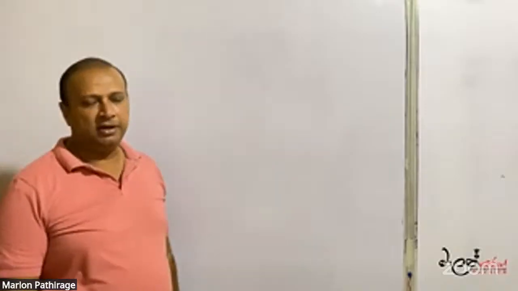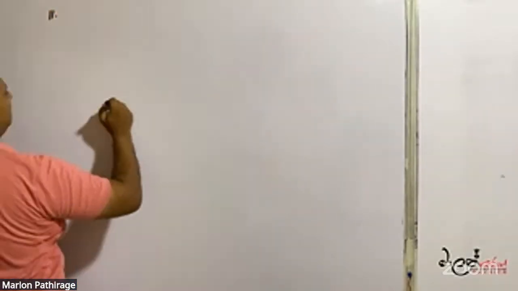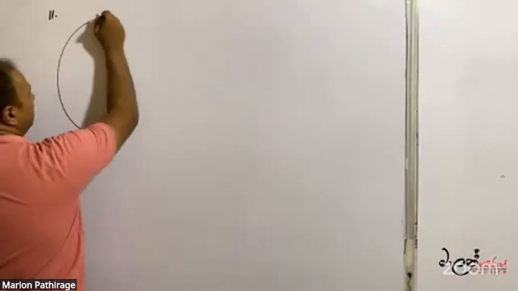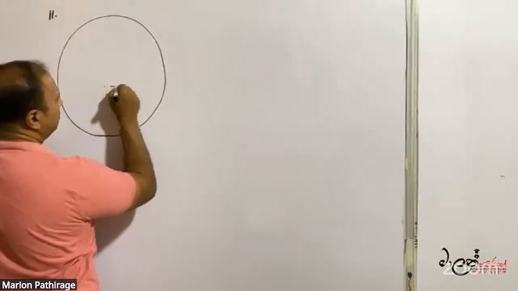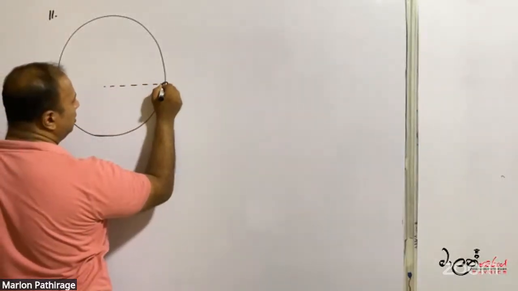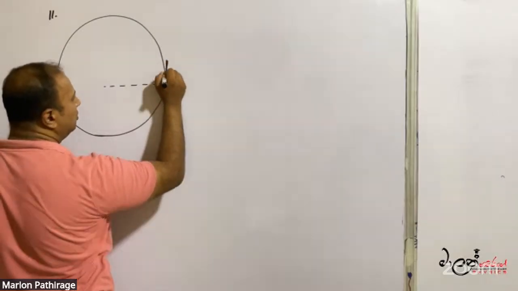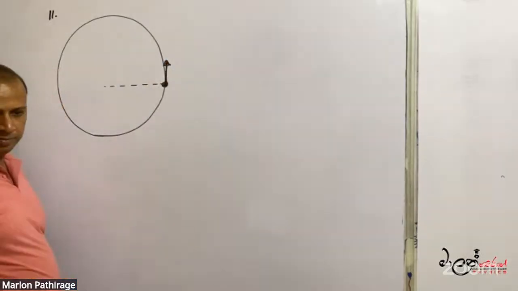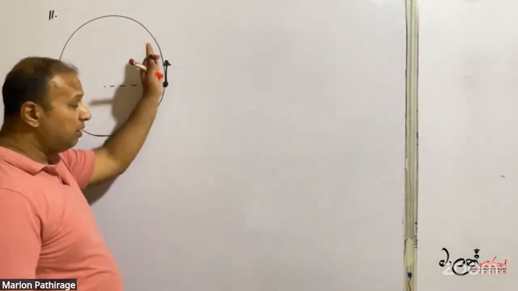Okay, now we can look into question number 11. This is the tangential velocity.